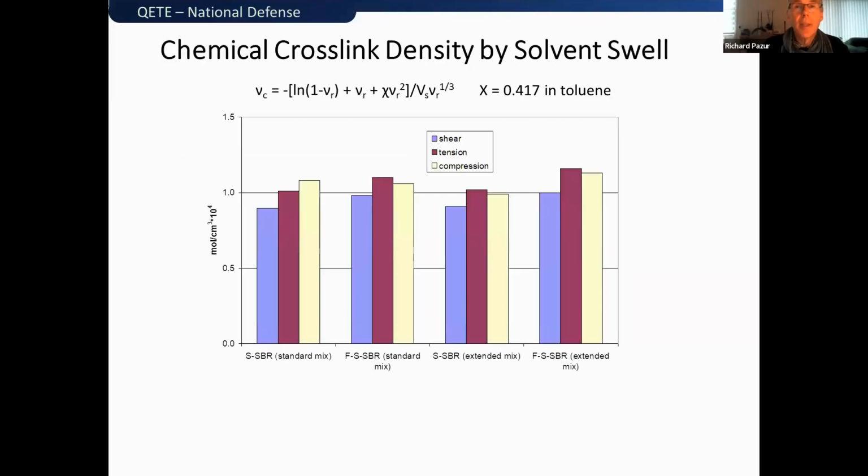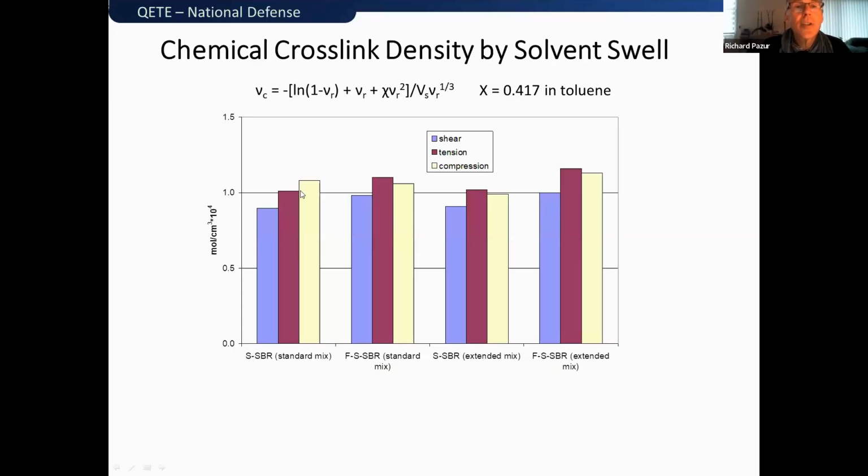So why is that so? First thing, chemical cross-link density. As you know, the different samples that we made, the tensile specimen, the shear specimen, as well as the compression button, were cured at 160 for a certain amount of time. And you can see that when we look at their actual cross-link densities, the shear in particular here, which is the purple, has a lower cross-link density in all cases for the 4 mixes.